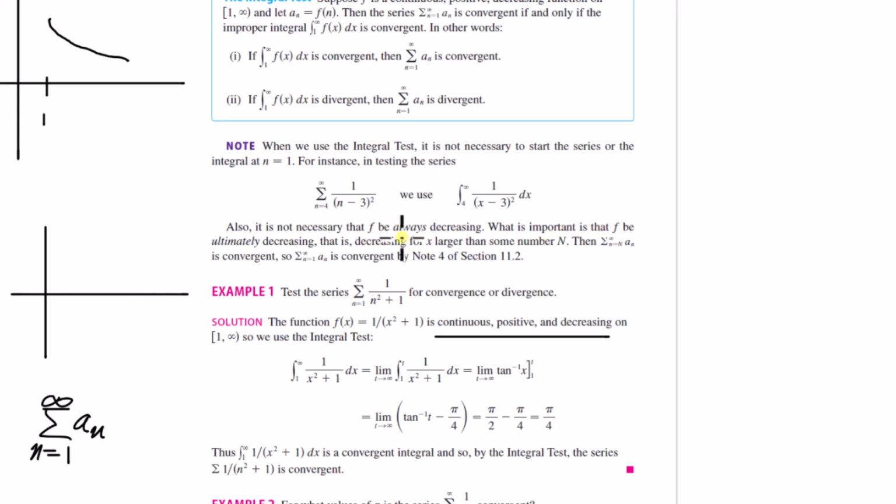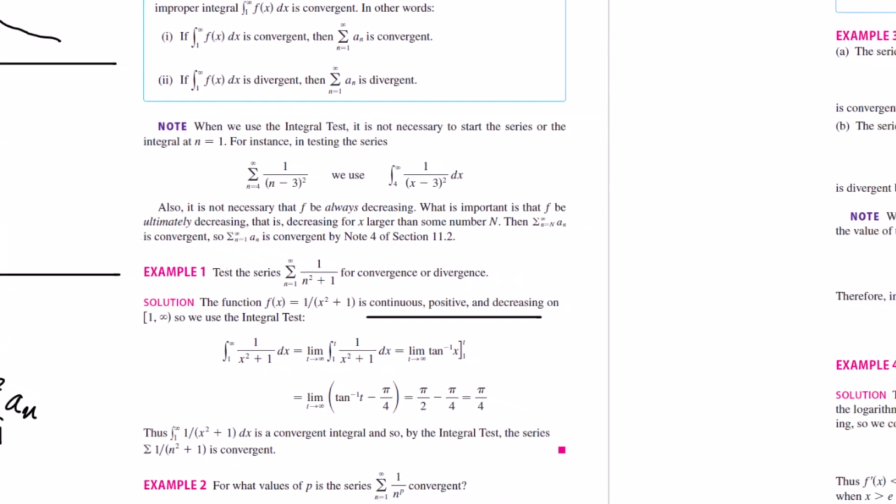What is important is that f be ultimately decreasing, that it is decreasing for x larger than some number N. Then the sum from n equals N to infinity of a sub n is convergent. And that means starting at 1, it's also convergent by note 4 of section 11.2. That's what we talked about.